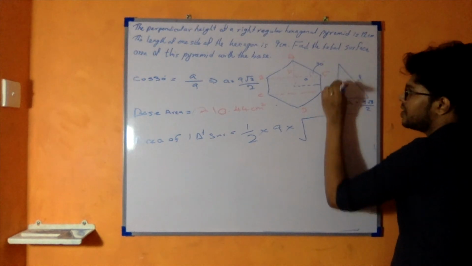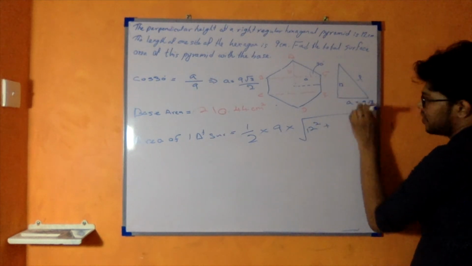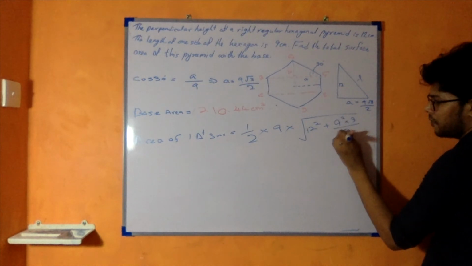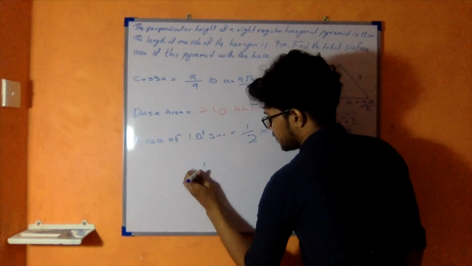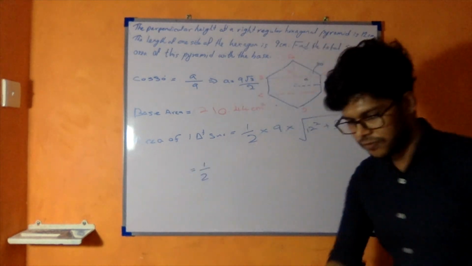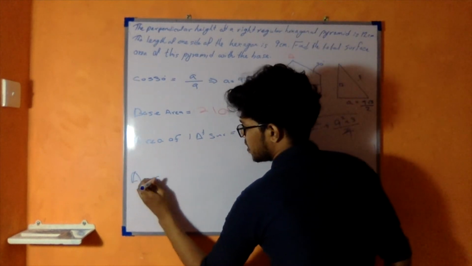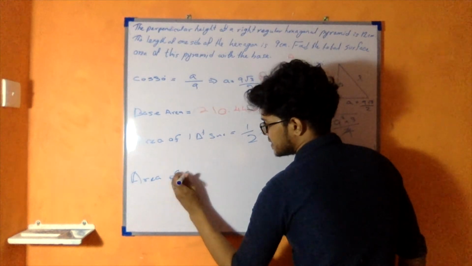L is going to be 12 squared plus this whole thing squared, which is 9 squared into 3 divided by 4, right? Then it is going to be half into... no, let me find for 6 surfaces. This is the area for 1, then you need to find the area of 6 such surfaces.